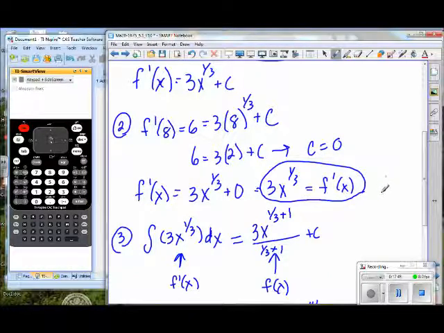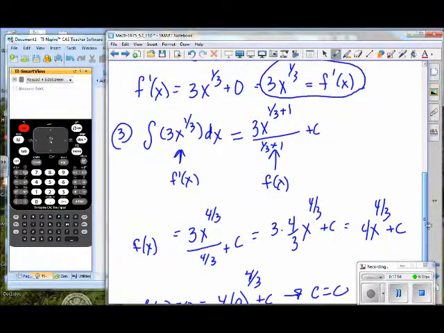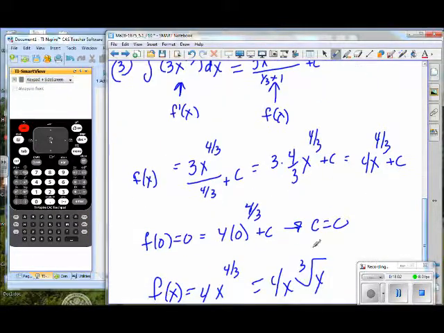Now we're trying to get back to the original function. This is the derivative of our function, so we must do this again. That is, take the indefinite integral of our derivative, and we will get back to our function. When we solve that by doing our basic power rule here, we get that our function is 4x to the 4/3 plus c.